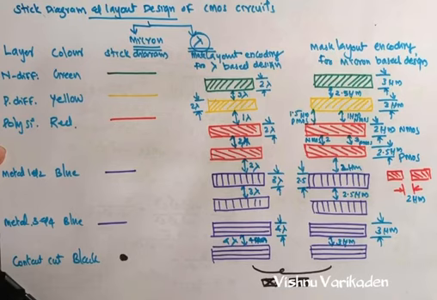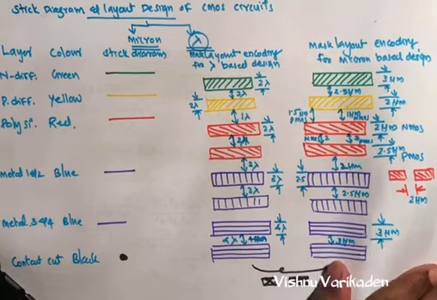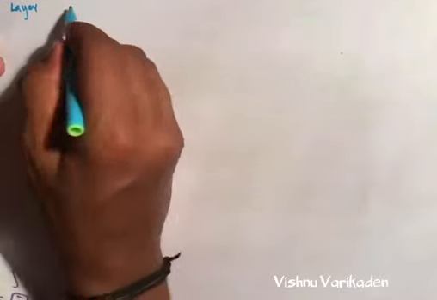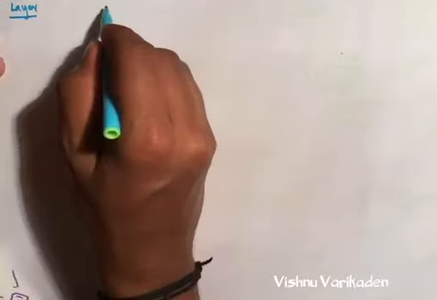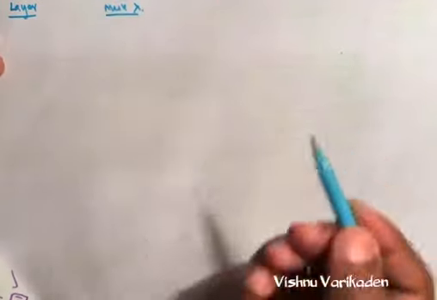So we can make one more thing, that is how to make the NMOS depletion layer and the NMOS enhancement, and also the PMOS depletion and the PMOS enhancement. So we can make the continuation of the table, that is layer and the mask in the lambda based design rule.